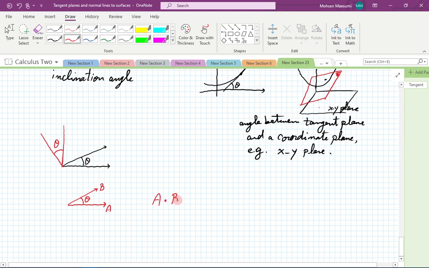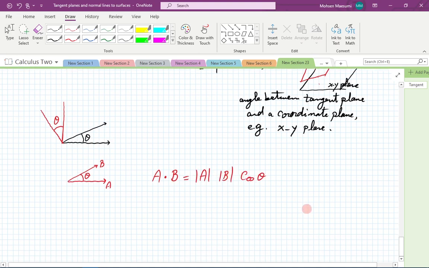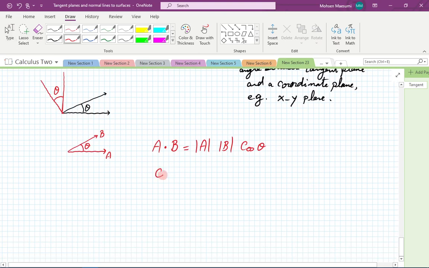The dot product of the two vectors is equal to the product of their lengths and the cosine of the angle between them. So the cosine of the angle is the dot product divided by the lengths of these two vectors. And if you want the angle itself, that's going to be arc cosine, or cosine inverse, of all of this.